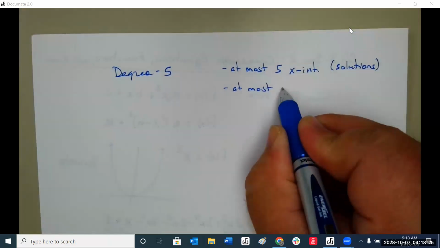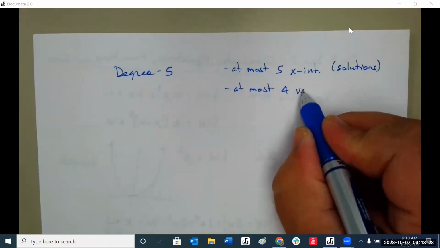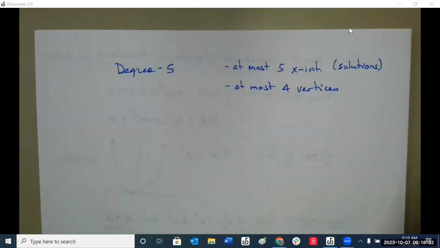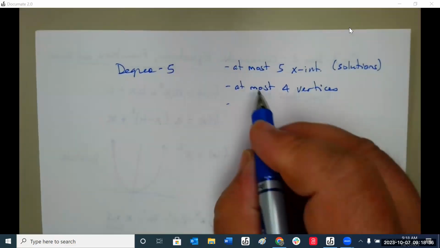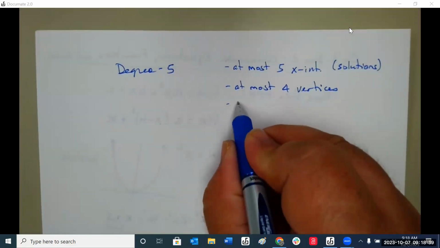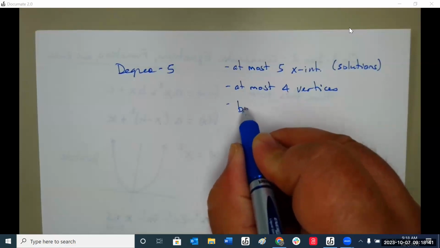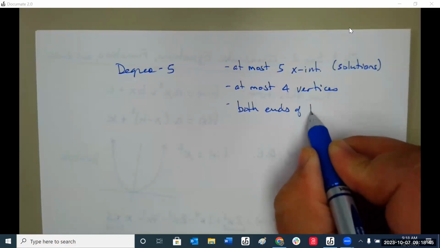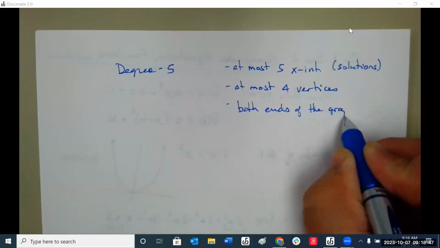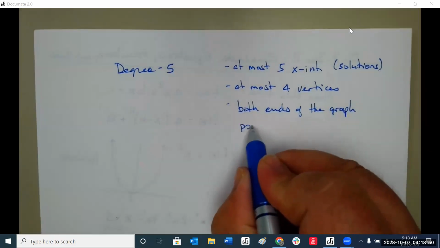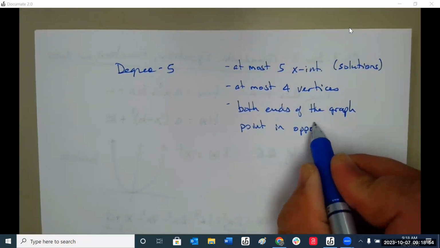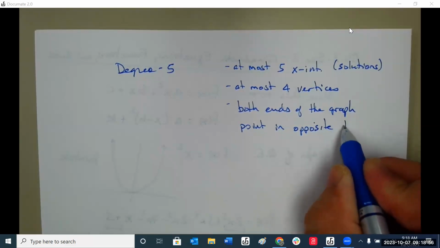At most 4 vertices. And then both ends of the graph point in opposite directions.